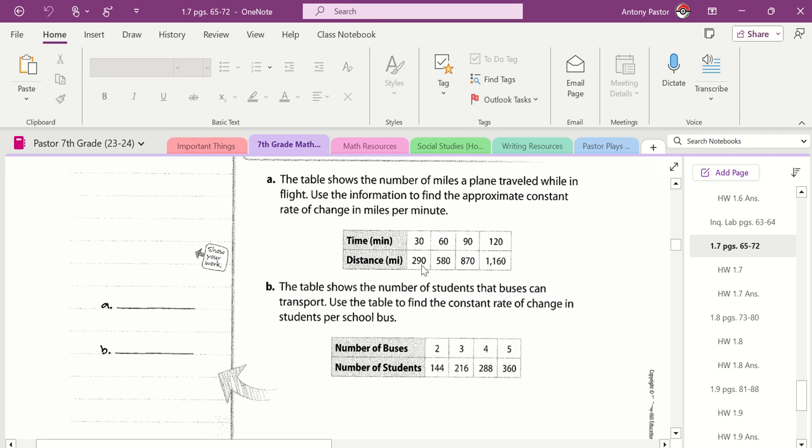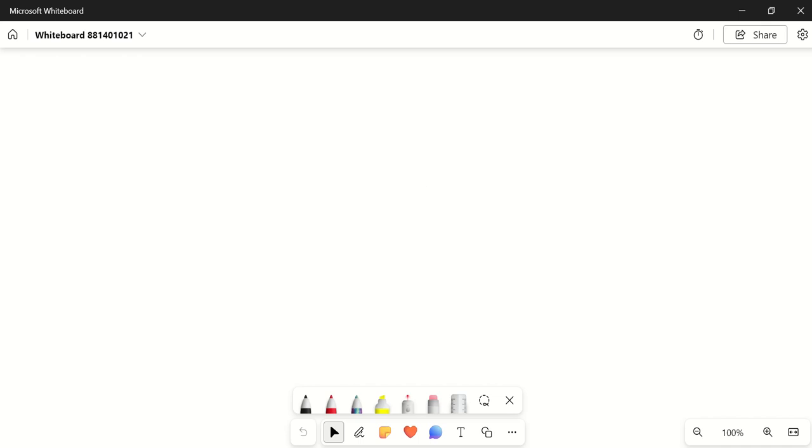Over here, our distance continues to go up. And the best way to solve this is to take the next step. So we're going to take 580 and subtract 290 from it to see if we have a constant rate of change here.